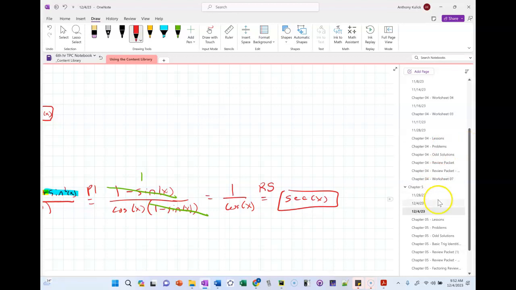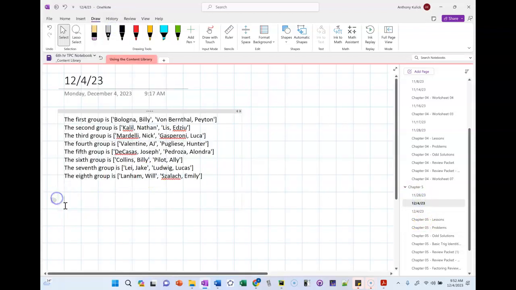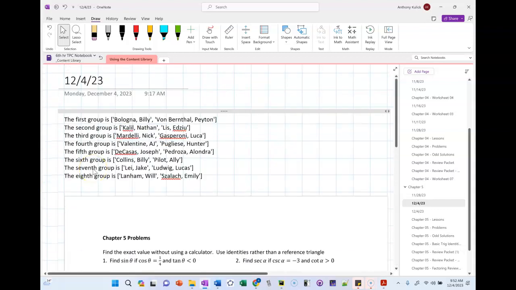It's now time to do the homework as a class. So what I've done is I've divided you guys up into 8 groups of 2. So feel free to get up, move around, sit next to the person you're in a group with. These were randomly created.